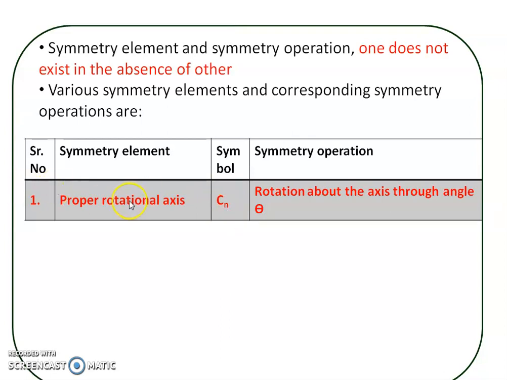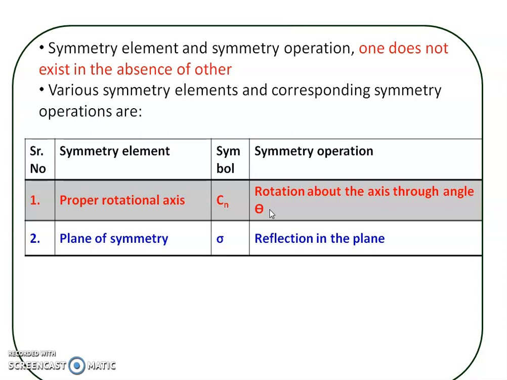We are going to discuss details about this in the next slide, but as an example, the first symmetry element is the proper rotational axis of symmetry, symbol Cn, and the symmetry operation related to it is rotation about the axis through angle theta. Another symmetry element is the plane of symmetry, its symbol is sigma, and the related symmetry operation is reflection in the plane.